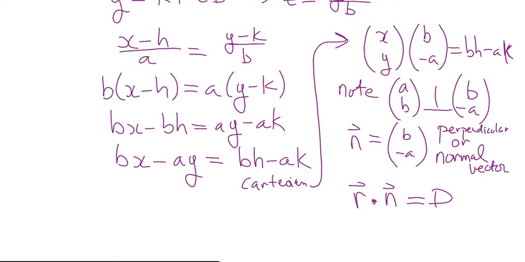Well, that's r, that's n, that's d. Going from Cartesian or vector form, either one, they're very easy to go from one to the other, to parametric form.